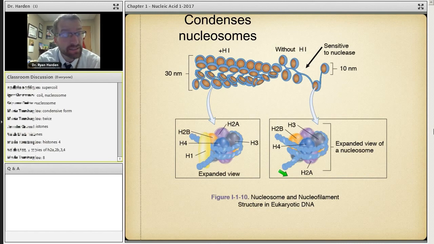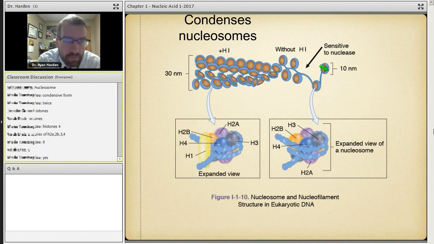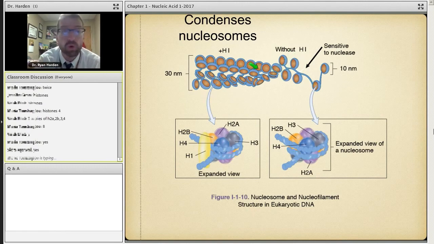Does that make sense? Okay, so you have nucleosome, nucleosome, nucleosome. All of these are nucleosomes, and it is composed of, you need to know this for the exam, DNA wrapped twice around 2 copies of H2A, H2B, H3, and H4.